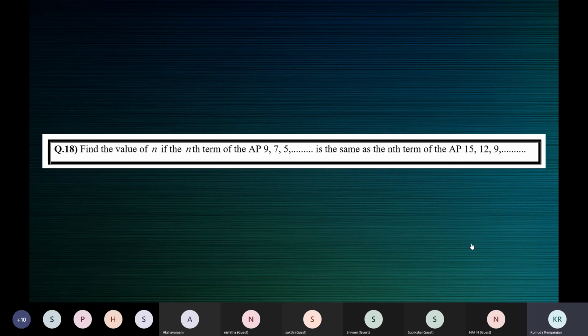It is given that the nth term of both the APs is the same. Find the nth term of the first AP, find the nth term of the second AP, and it's given that they are the same. Tell me the value of n.